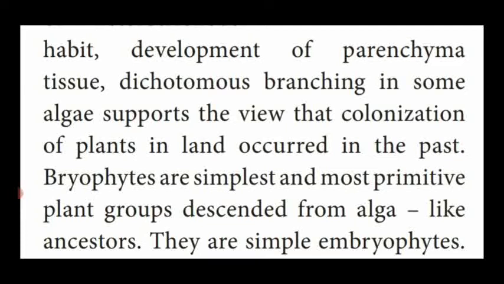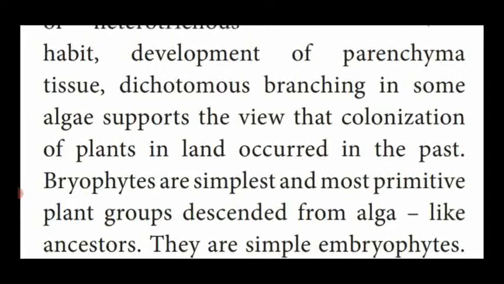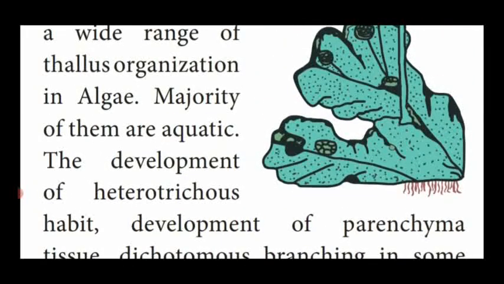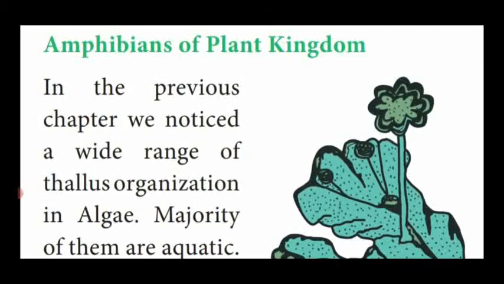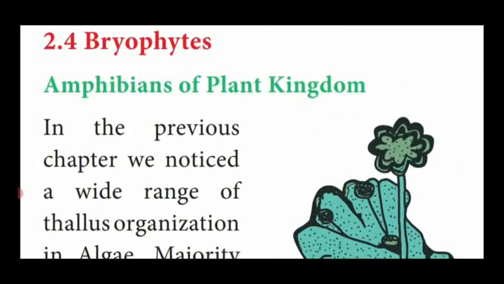So algae are known as the ancestor of bryophytes. So bryophytes are known as simple embryophytes. Underline the word, 1 mark question. Bryophytes are known as dash. That means simple embryophytes. So this is the comparison of algae and bryophytes. Then how bryophytes originated from algae.